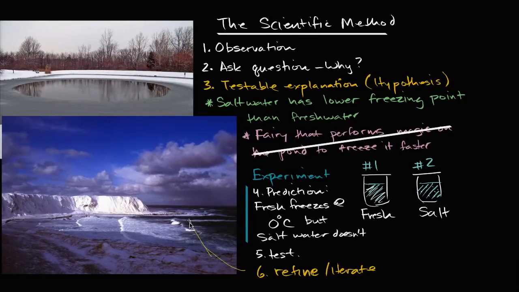And so you might come up with a more refined testable explanation, or you might come up with more experiments that could get you a better understanding of the difference between fresh and salt water. Or you might try to come up with experiments for what it is about the salt that makes this water harder to freeze. So that's essentially the essence of the scientific method.